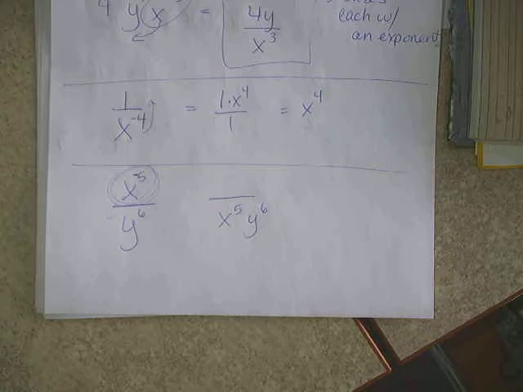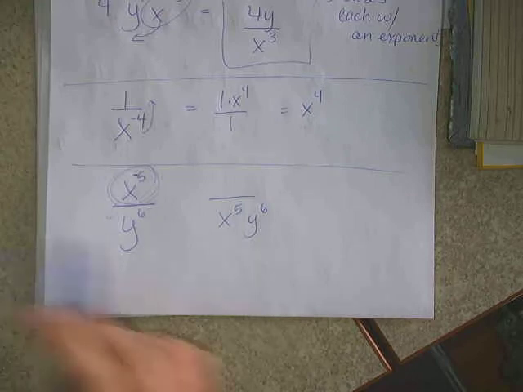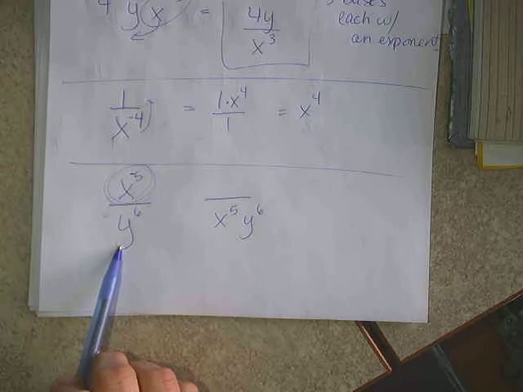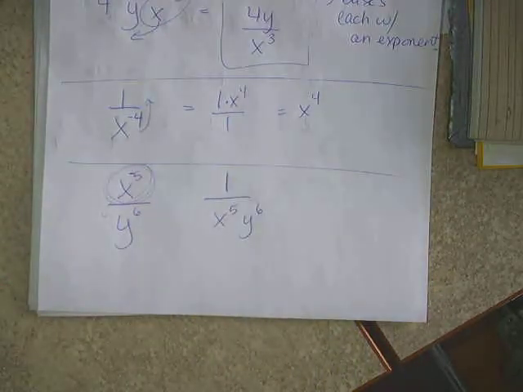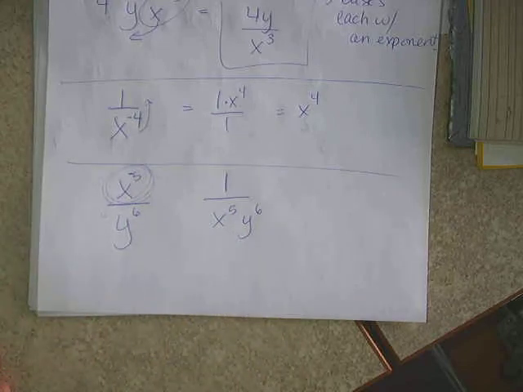But what do I do with the top? Now, when the 1 is on the bottom, I don't need it, right? Because that's division by 1. But what if I move everything out of the top? Those are on the bottom. Do you move y? No. Y is fine. You put a 1. The 1 on top is there as a placeholder.